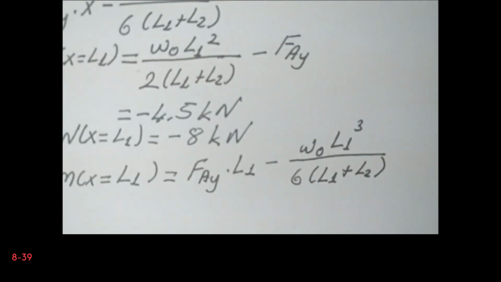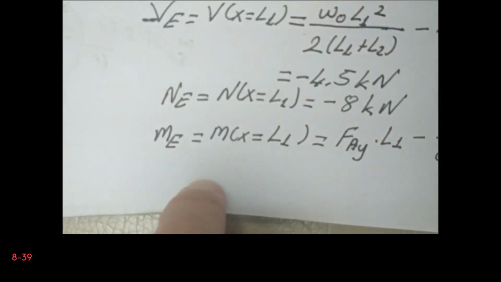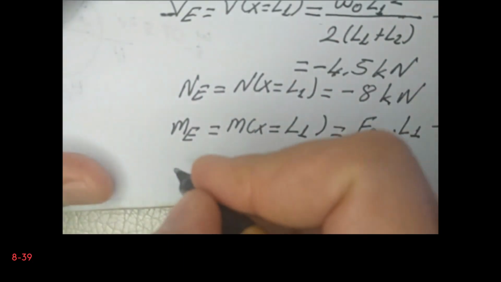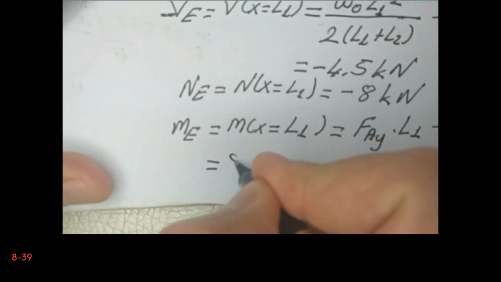So the value of ME is then 8.25 kilonewton meters.